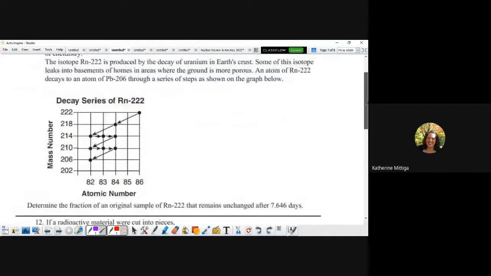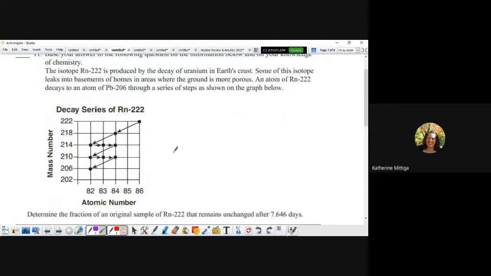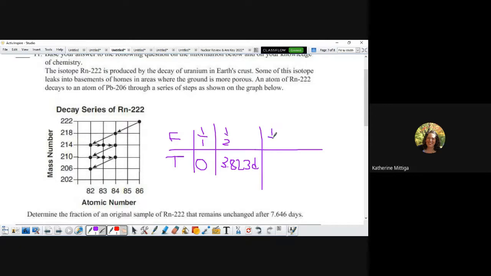Determine the fraction of an original sample that remains unchanged after the given time. Okay, so fraction, time 0. The half-life of radon-222 is 3.823 days, according to Table N. So for another half-life, we're just going to add 3.823 plus 3.823.